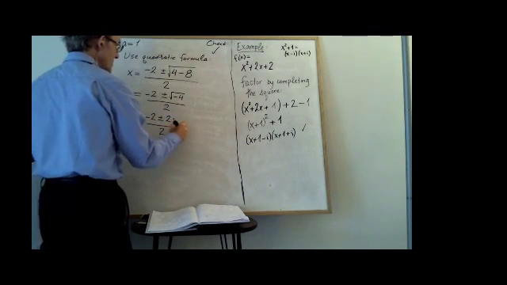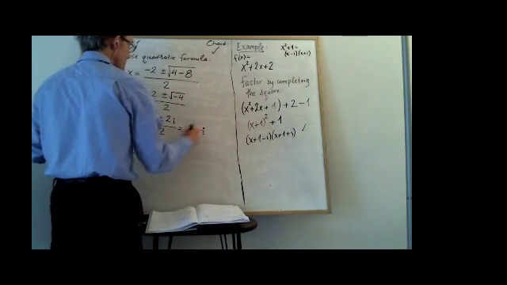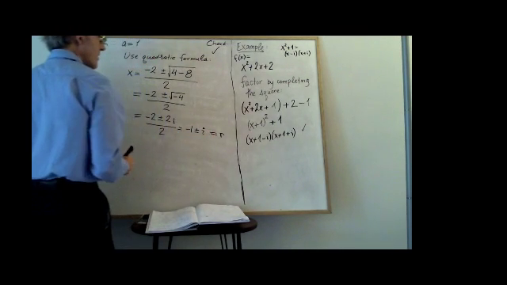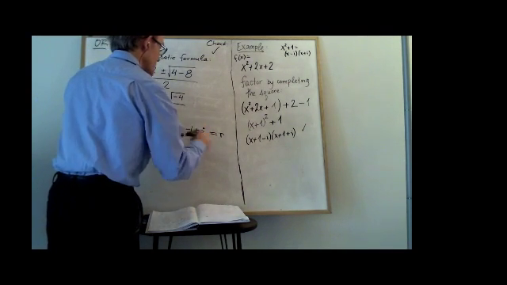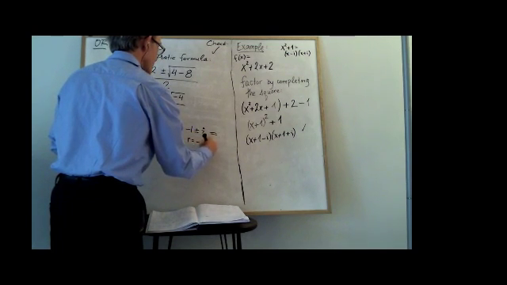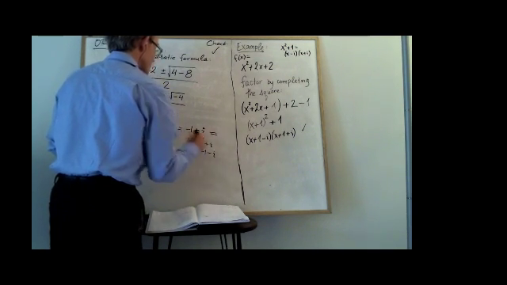Okay, and divide by 2, and so in the end I get minus 1 plus or minus i. Okay, so this is r. Let's say r is the positive root, positive i. And r conjugate then is going to be minus 1 minus i.